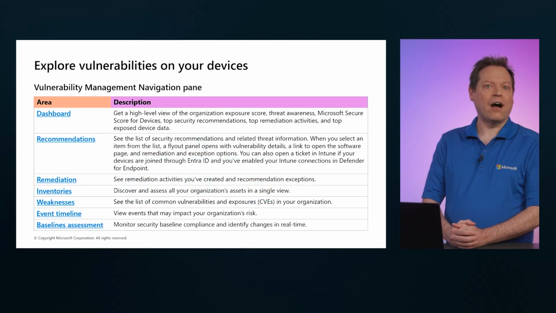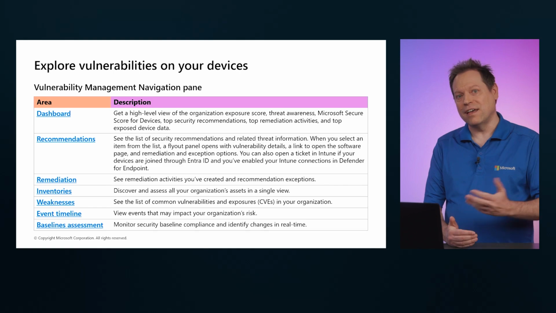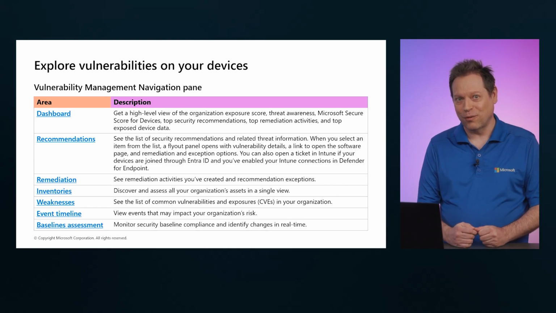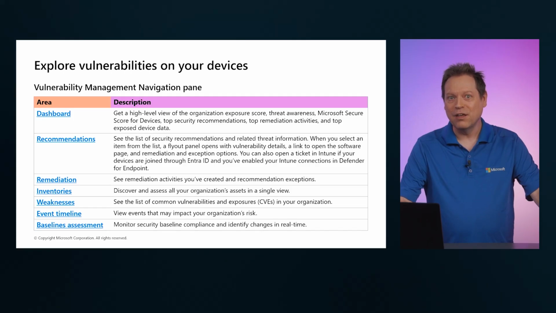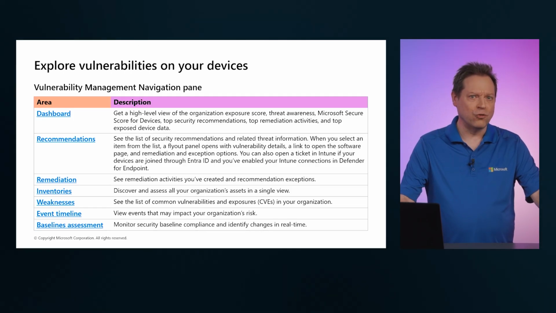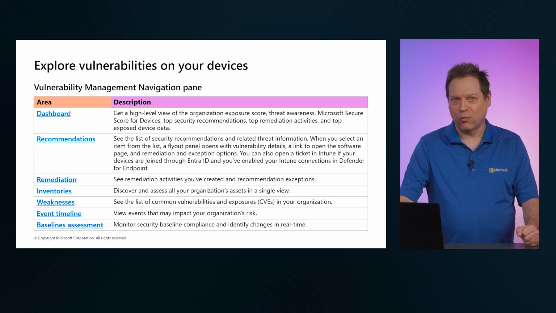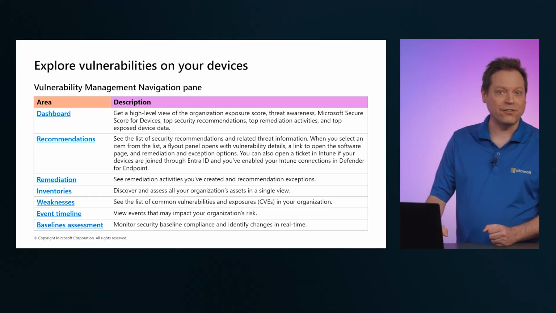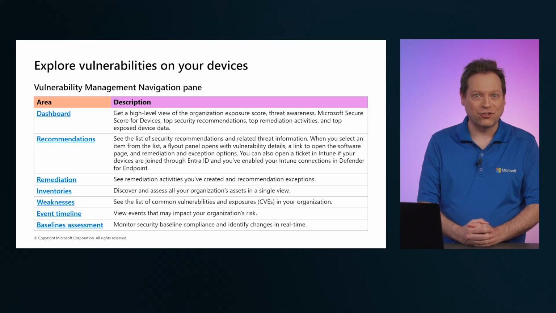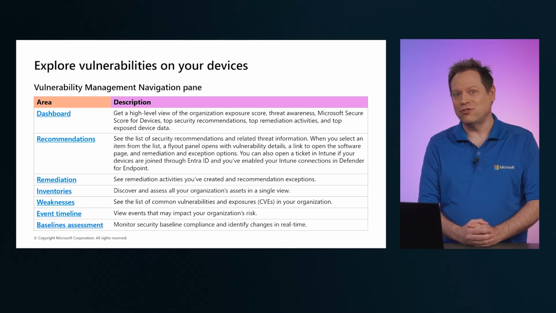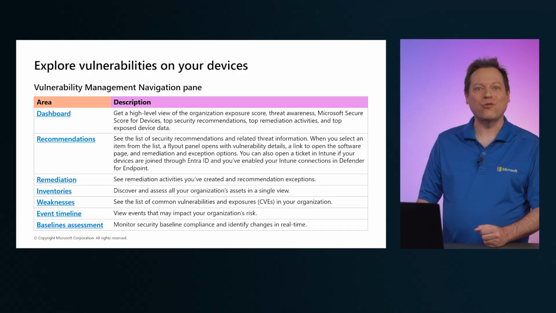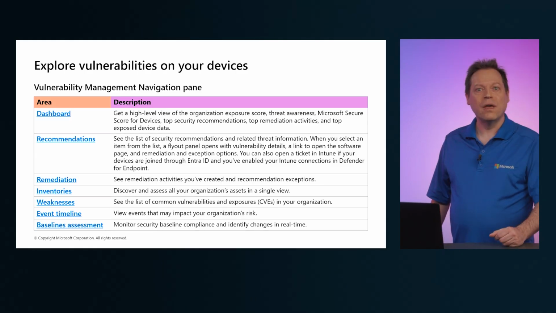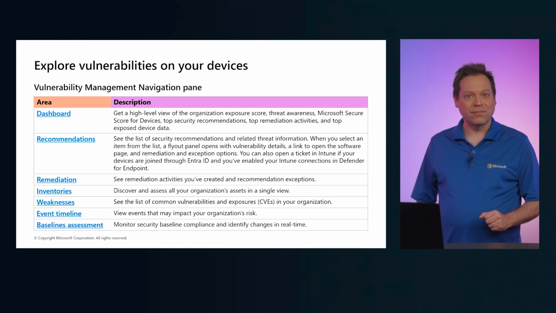Here we explore how vulnerability data is organized and consumed. The Vulnerability Management navigation pane provides multiple views, including a dashboard with overall exposure scores, threat awareness, and top recommendations. You can drill into security recommendations to see affected software, remediation options, and threat context.